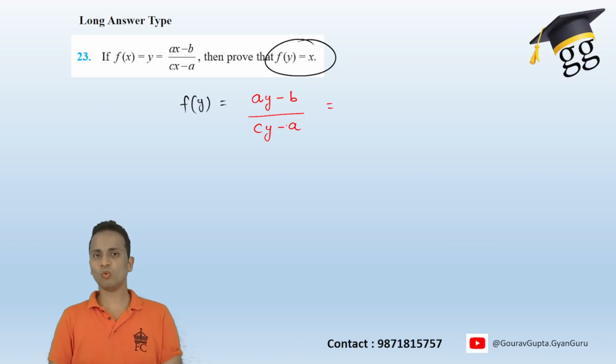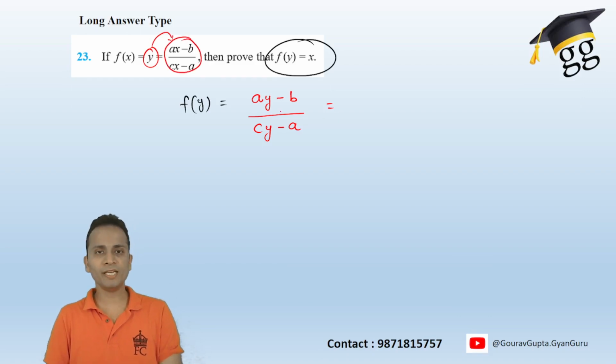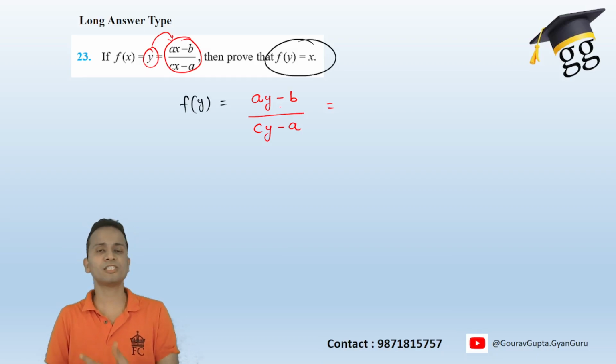Okay. Now, what is the value of y? y is equal to this expression. So, in this function f of y, wherever y is, just substitute the value of y as ax minus b upon cx minus a. So, substitute the value of y.